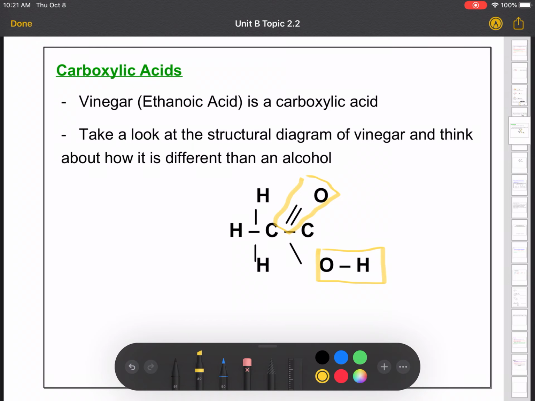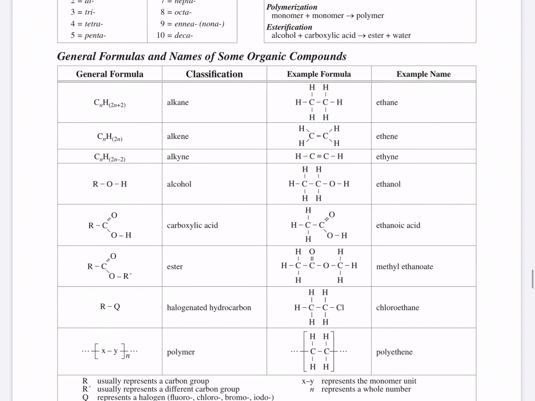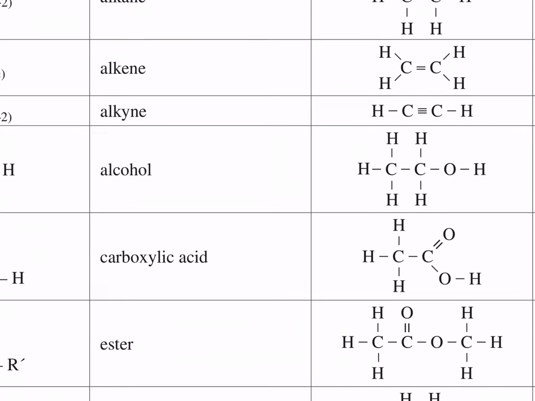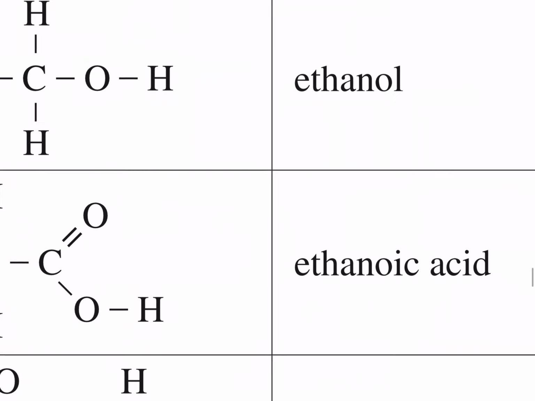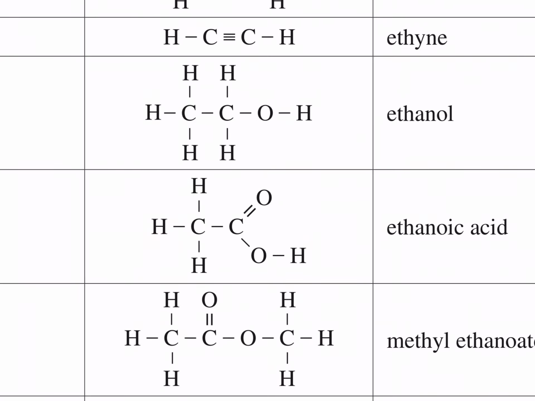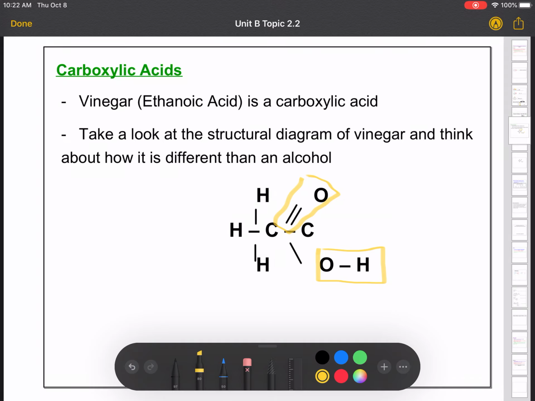So if we go back to our data booklet, we will see that. On the very end of the molecule, you've got a double bonded O and then a single bonded O, right? And that makes a carboxylic acid. This is the vinegar one, which is ethanoic acid. So the same one we're seeing here.